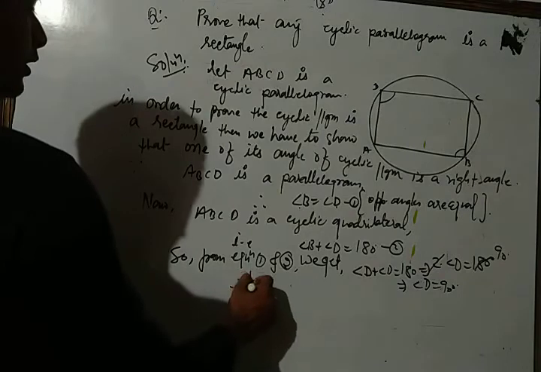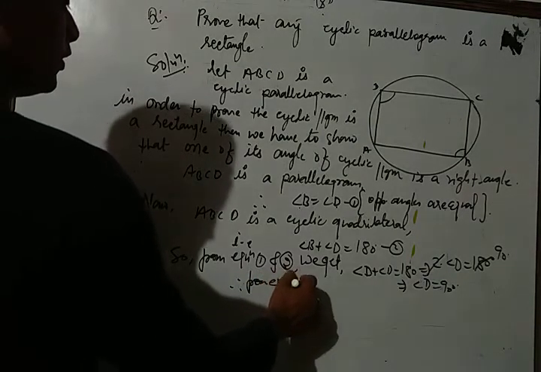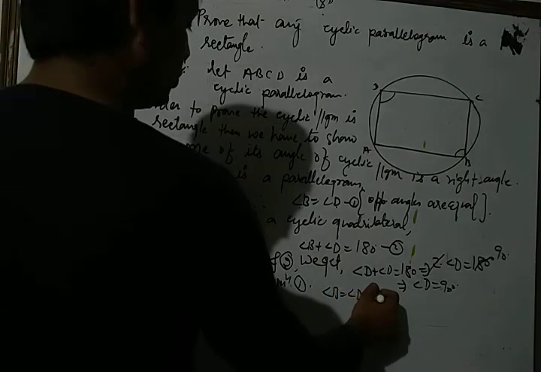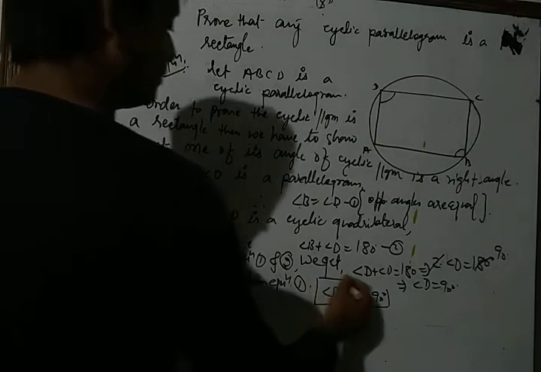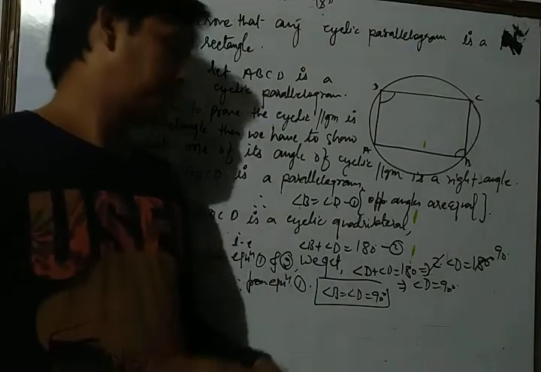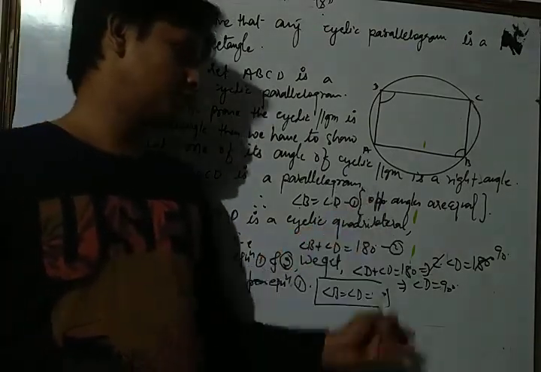Since from equation 1 we also have angle B equal to angle D, which is equal to 90 degrees. Now dear students, we have proved that angle B and angle D are each equal to 90 degrees.